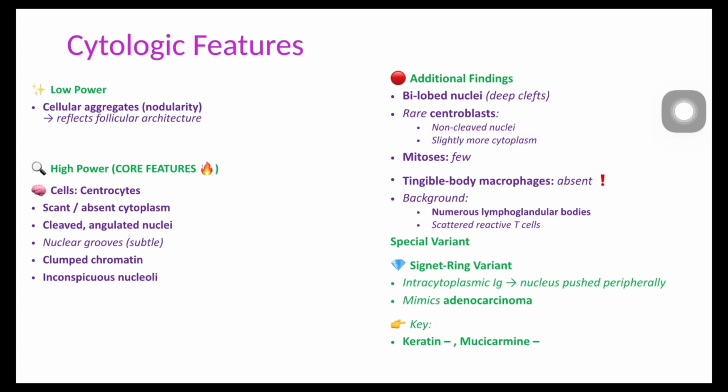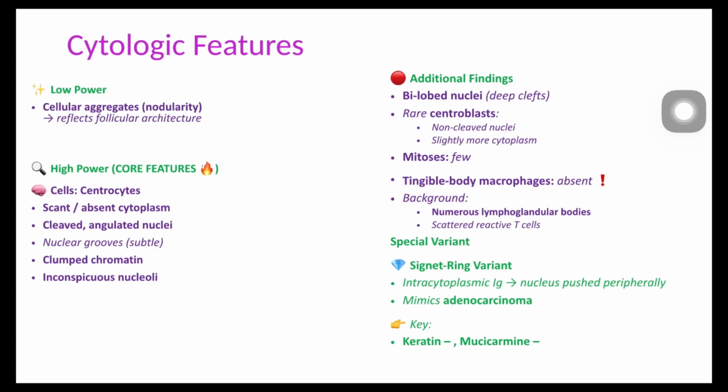So, cytologically, cellular aggregates in the form of nodularity, which reflects follicular architecture, are present on low power. On high power, cells are mainly centrocytes with scant or absent cytoplasm, cleaved angulated nuclei, nuclear groove may be seen, and clumped chromatin with inconspicuous nucleoli. Additionally, bilobed nuclei with deep clefts may be seen, and rarely centroblasts, which have non-cleaved nuclei and slightly more cytoplasm.